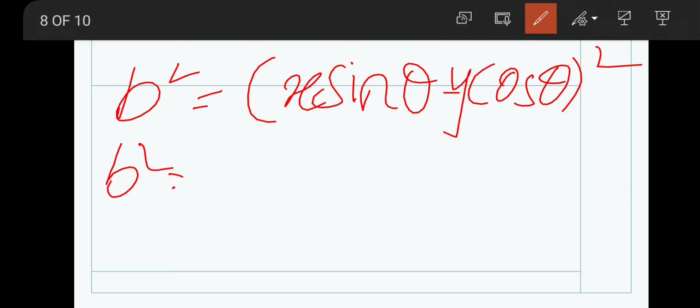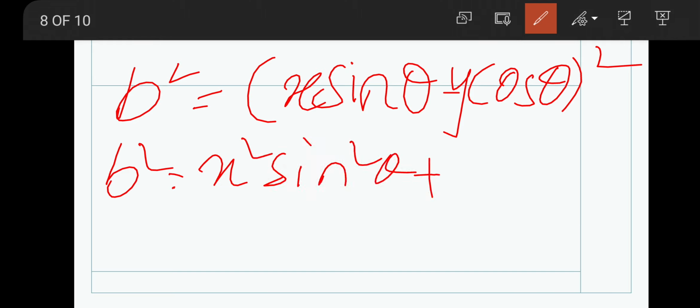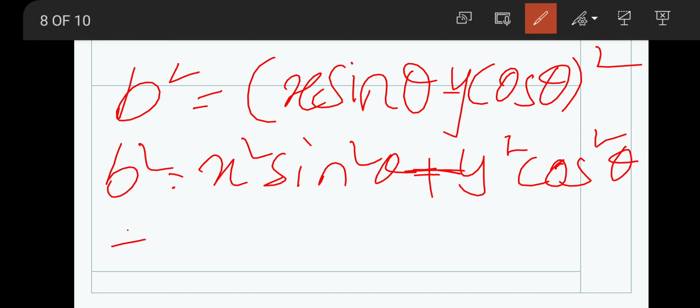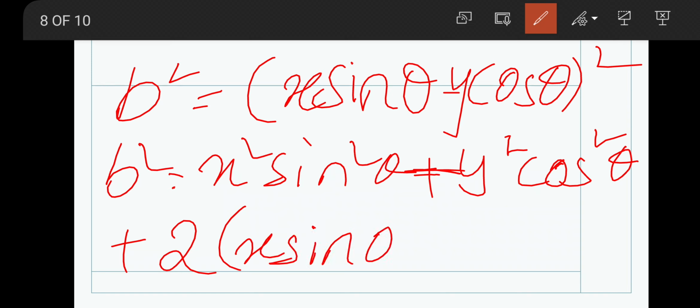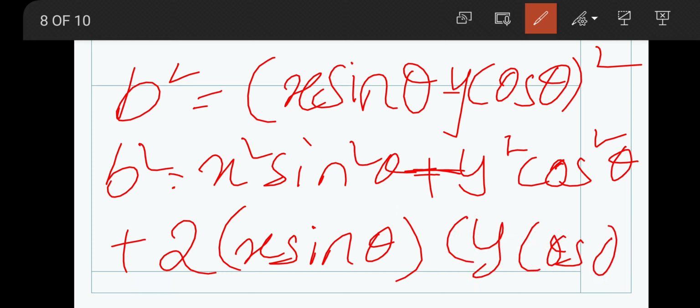So b square equals x square sin square theta plus y square cos square theta plus 2 into x sin theta into y cos theta. Here they said x sin theta minus y cos theta, so minus is there, and this becomes minus instead of plus.